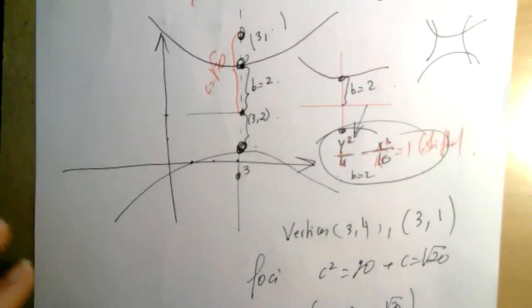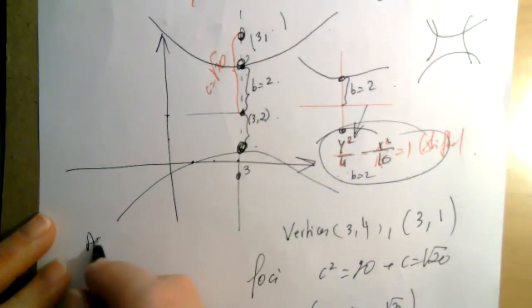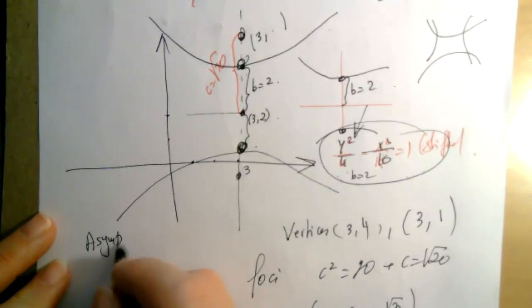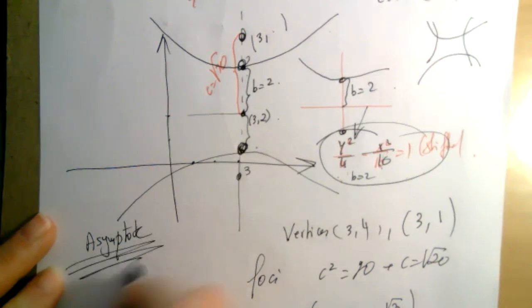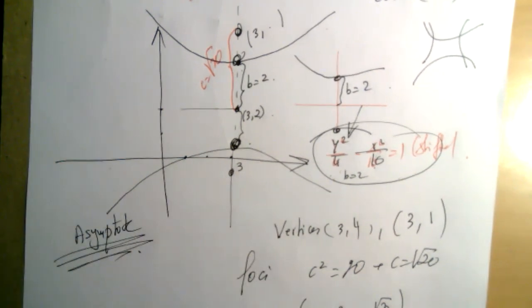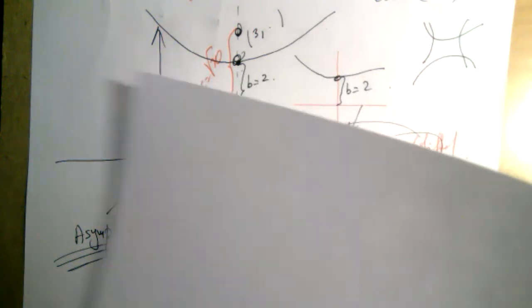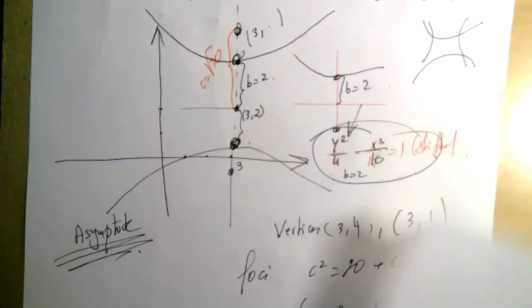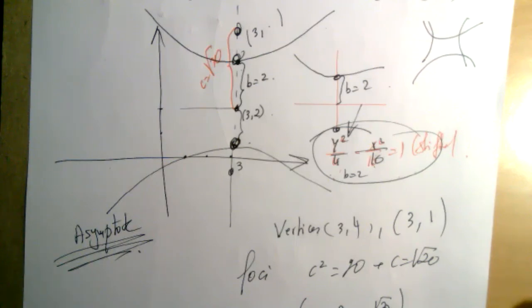Now the last question is, what's the equation of the asymptote? I'm going to let you think a little bit about it, because if you get that, I think I'm done with this piece. So what's the equation of the asymptote? I will try to draw everything. What do you guys think? How are we going to find the equation of the asymptote?